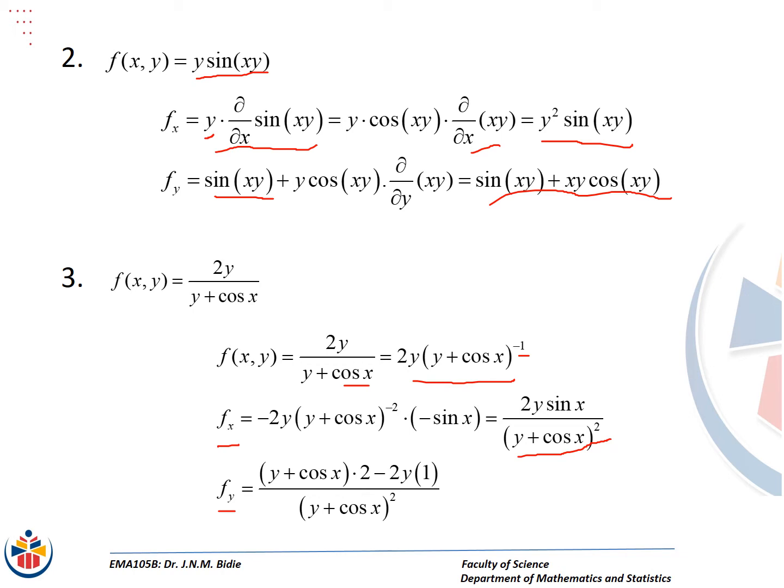That's what we did: y plus cos x multiplied by the derivative of the numerator, which is 2, minus the numerator times the derivative of the denominator. Remember, x is a constant. So cos of any number gives you a number, and the derivative of a number gives you a 0. Hence, we only have the derivative of y equal to 1. And we remember that we divide by the denominator all squared.